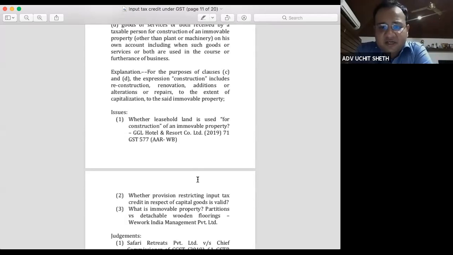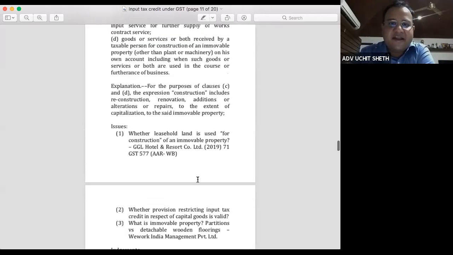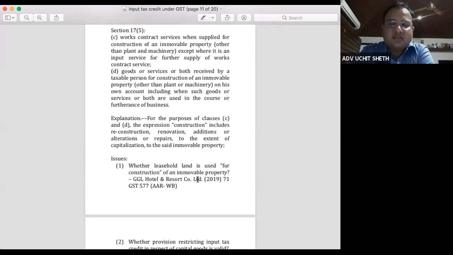Now the first issue here is what is the scope of the phrase "for construction" which is used in clauses C and D. Clause C says works contract services when supplied for construction of an immovable property. D says goods or services or both received by a taxable person for construction of an immovable property. So what is the scope of this phrase "for construction"? We'll just take an example of a West Bengal advance ruling in the case of GGL Hotel and Resort Company Limited, 2019-71 GST 577.